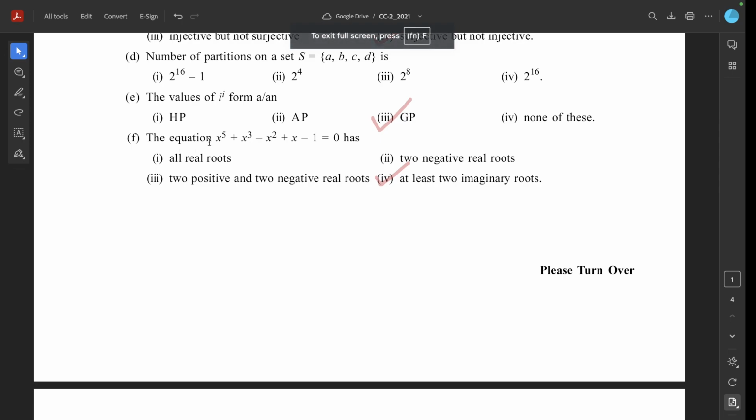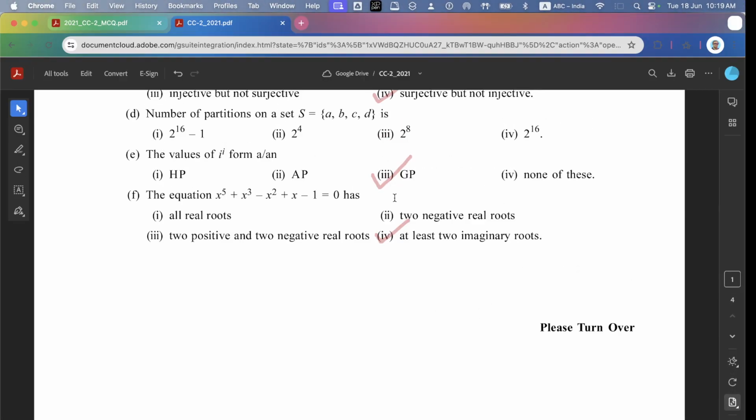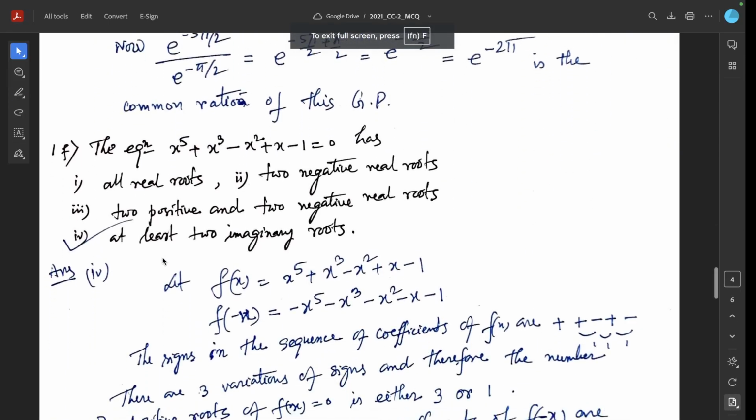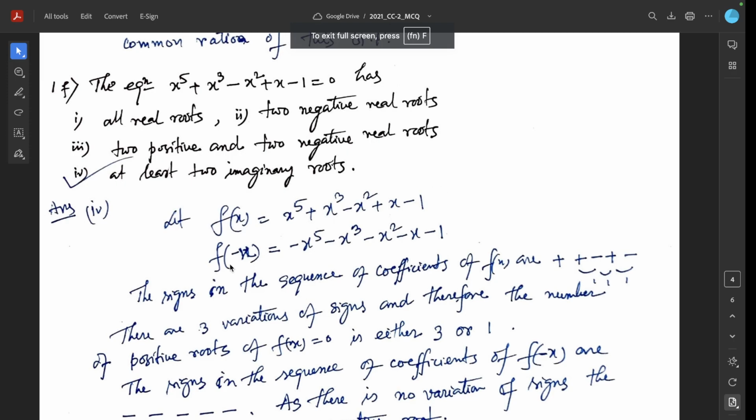If the equation x to the power 5 plus x cube minus x square plus x minus 1 equal to 0 has, the correct option is 4: at least 2 imaginary roots. Here f(x) equal to this, f(-x) equal to this. The signs in the sequence of the coefficients of f(x) are plus, plus, minus, plus, minus. So plus to minus is 1 change, minus to plus is 1 change, and plus to minus is 1 change.